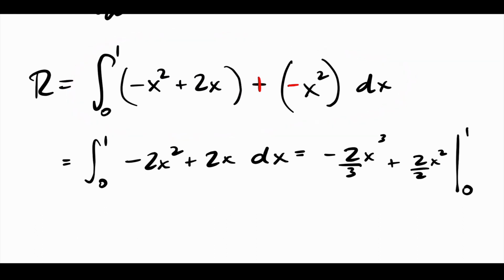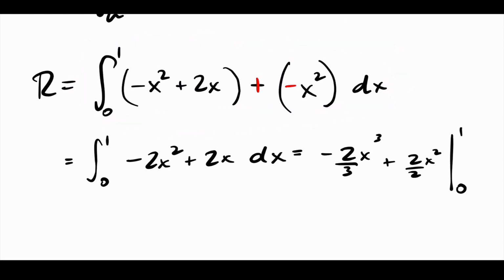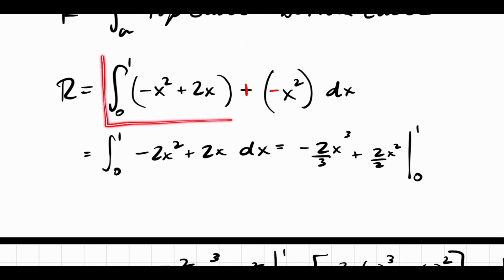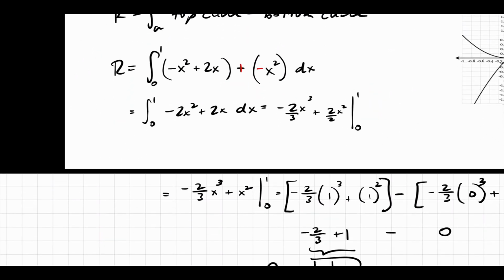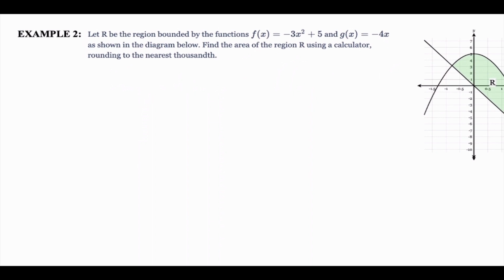For non-calculator questions, they're pretty tame doing it by hand. When they start getting a little crazy, that's when you use a calculator. Like on example number 2. Number 2 is a calculator question. It says use a calculator.